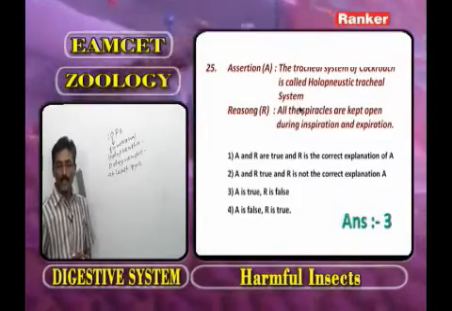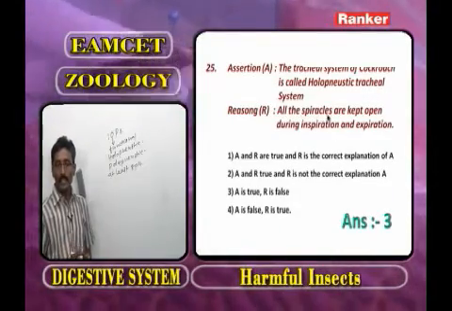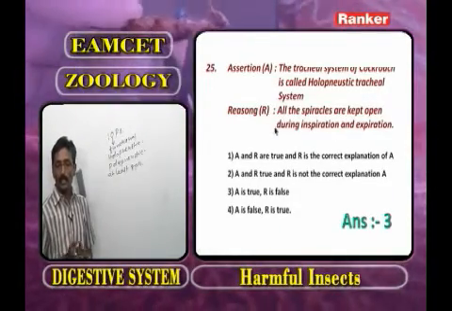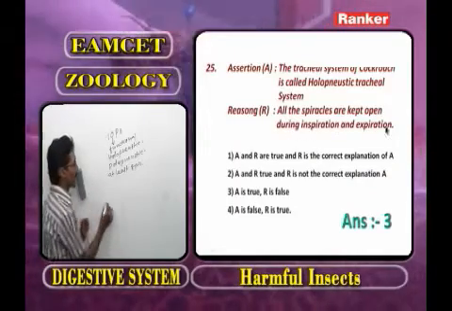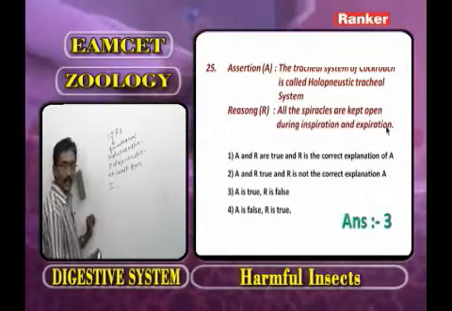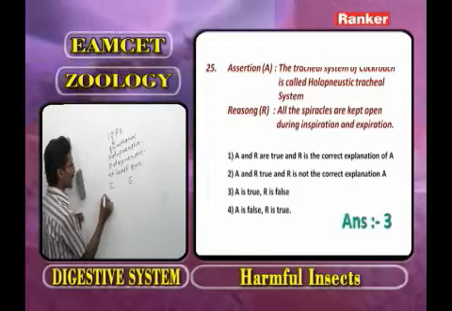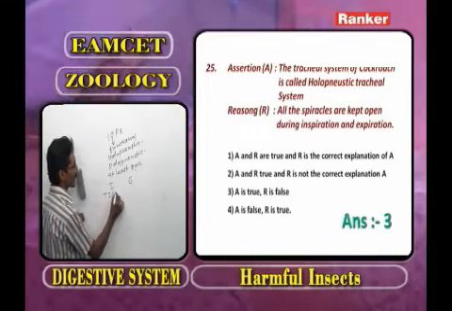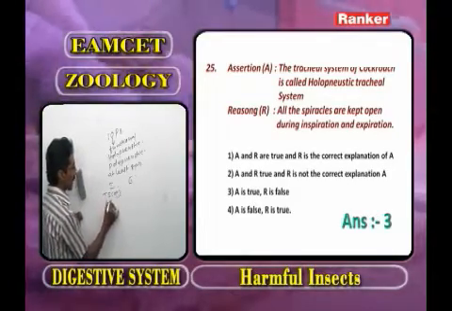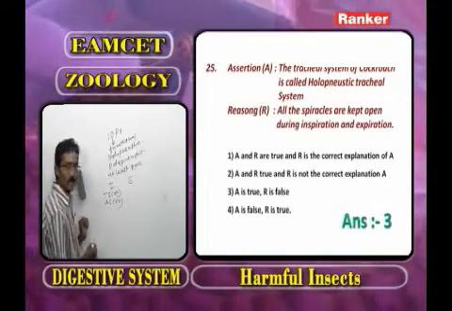Now, reason: all these spiracles are kept open during inspiration and expiration. Now, as we observe, in inspiration, only thoracic spiracles open, the abdominal spiracles close.